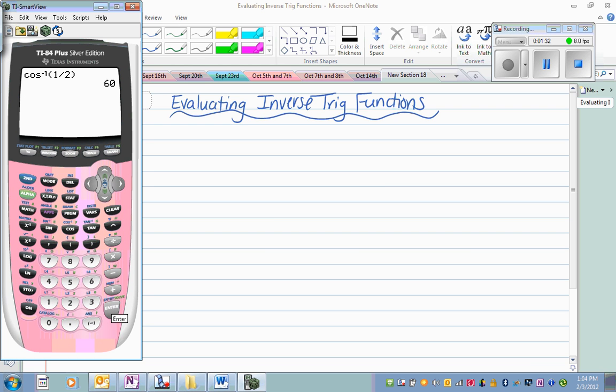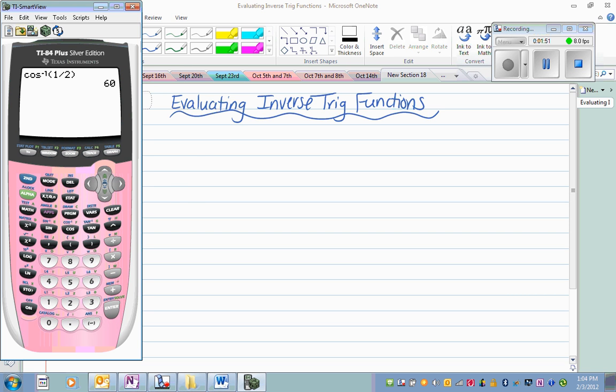Back in algebra, one answer sufficed because you are in a triangle. But there are 2 times that cosine theta equals 1/2, at 60 and at 300. So we have to be able to find that other angle.